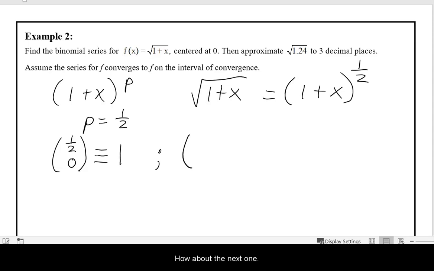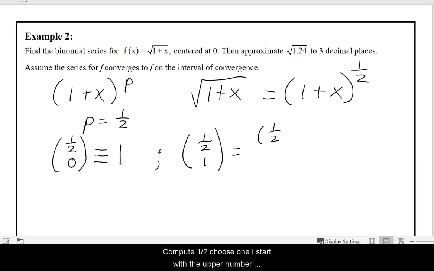How about the next one? If you're writing a series representation and starting with n equal to 0, your next n value would be 1. So we'll need to compute 1/2 choose 1. To compute 1/2 choose 1, I start with the upper number in the numerator as a factor.